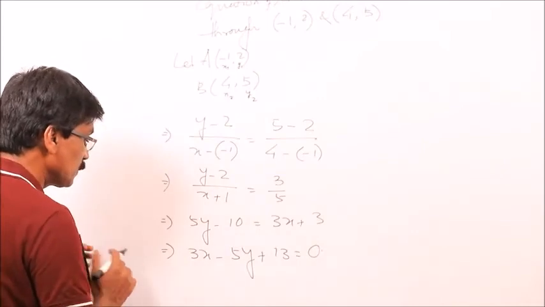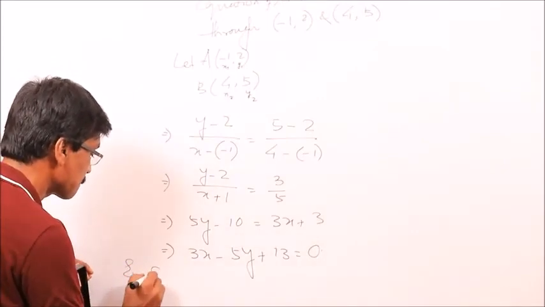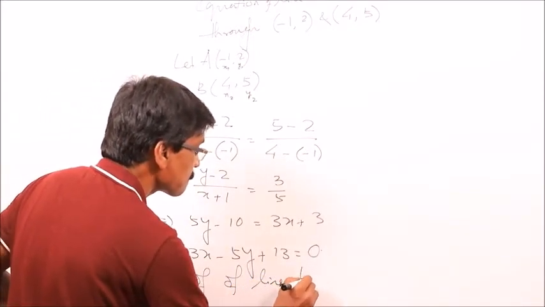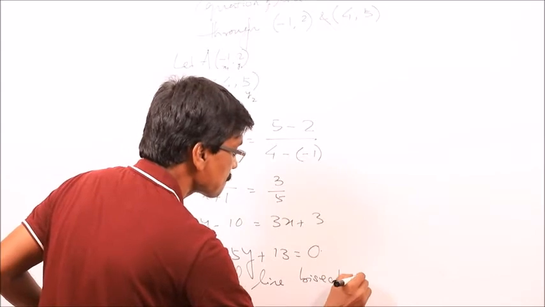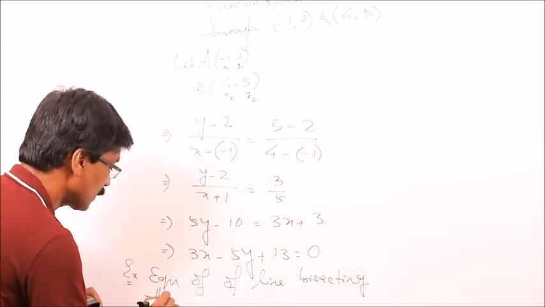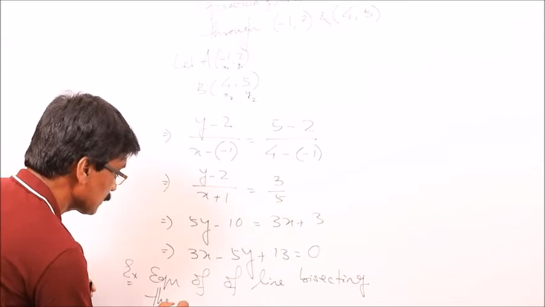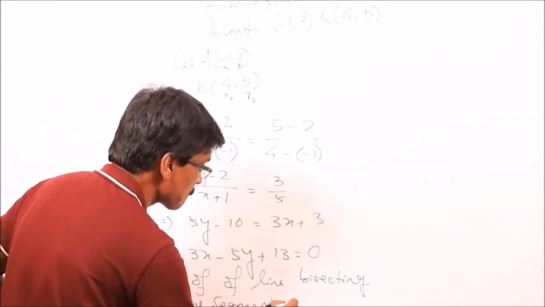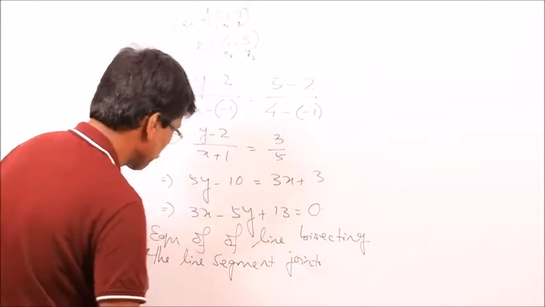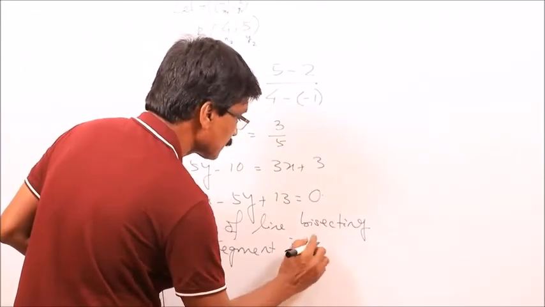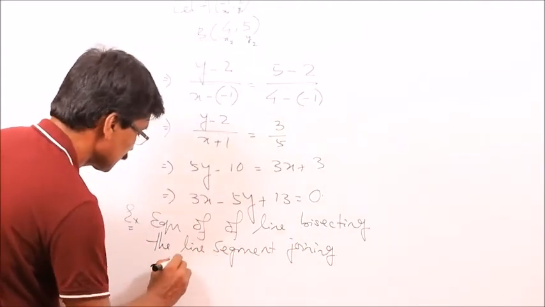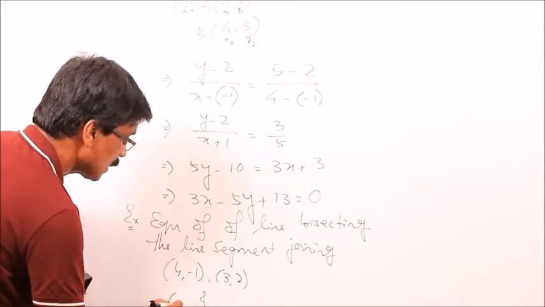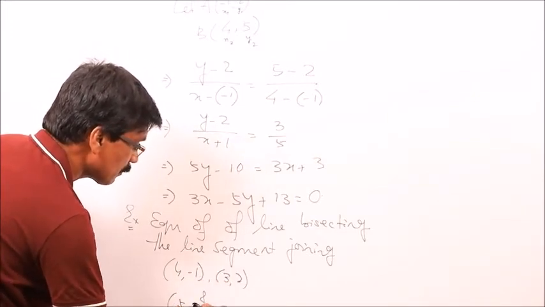So, we can take one more example, that is equation of line bisecting the line segment joining 4 minus 1, 3 2 and 5 2, minus 2 3.